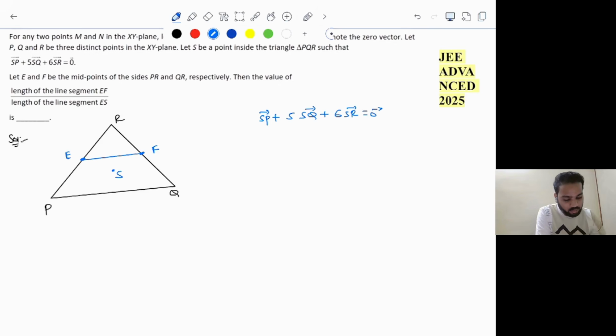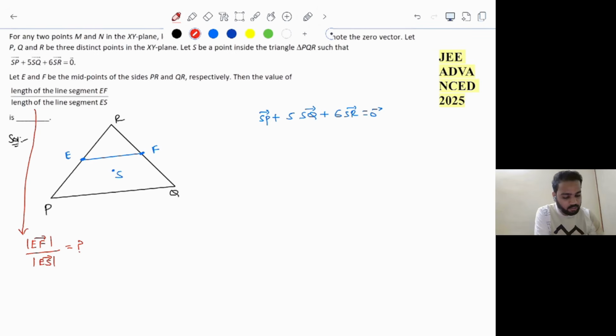And then we have to find out the value of length of the line segment EF divided by length of line segment ES, which means you are simply supposed to calculate the ratio of these two lengths, right? So let's write it in the vector form. We need to calculate the value of modulus of EF bar divided by modulus of ES bar. This is the ratio we are supposed to find out.